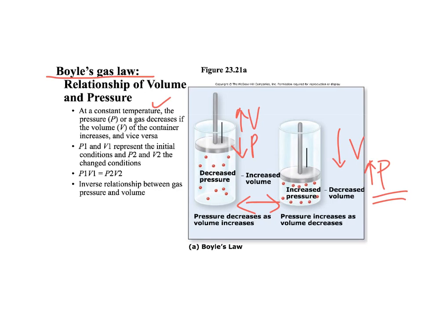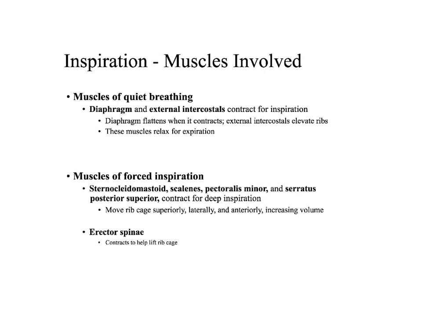The bigger the space is, the more room there is for the particles to move around. But if we decrease the volume, there's less space, and so the pressure goes up. So inverse relationship between gas pressure and volume. And that's Boyle's law. There aren't many laws I make you know, but Boyle's law is one of them that you do need to know.